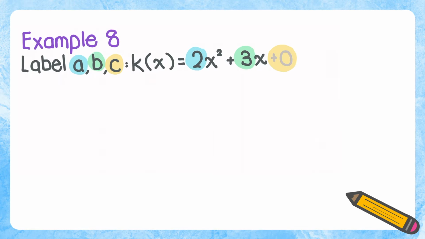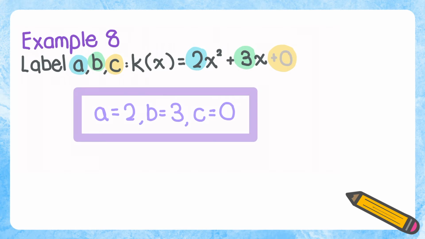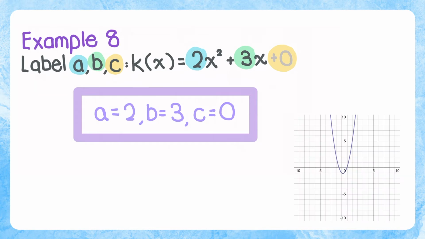So we use a 0 because 0 symbolizes emptiness. So we have a equals 2, b equals 3, and c equals 0. Again, we know that c equals 0 because it was an empty space. And this is the graph of the function k of x.